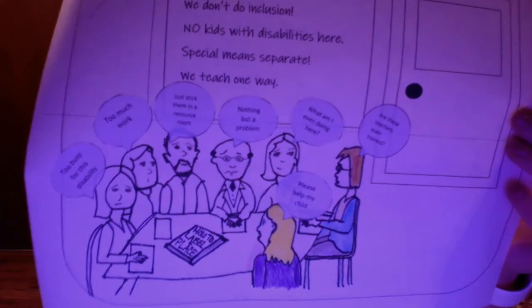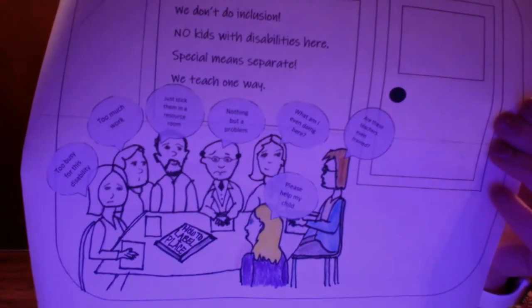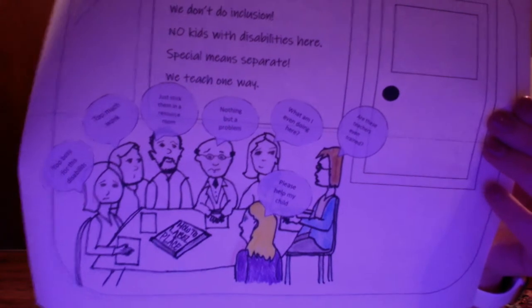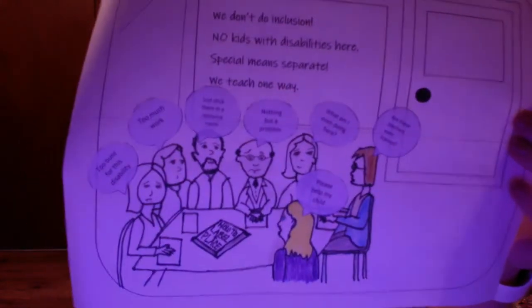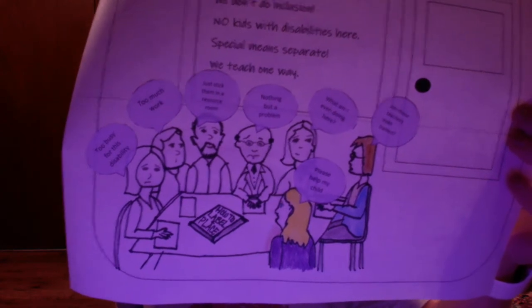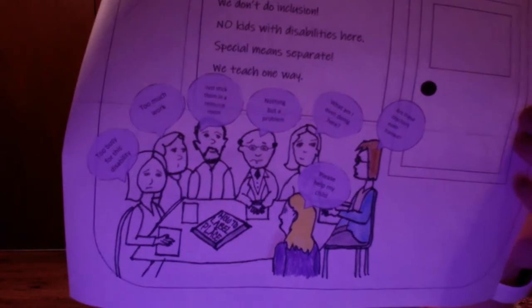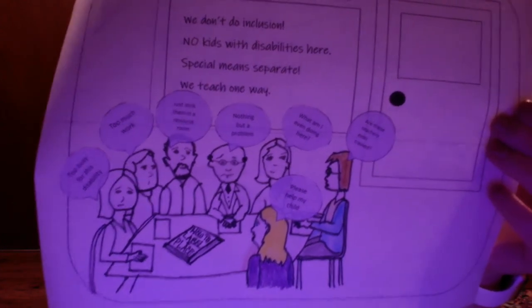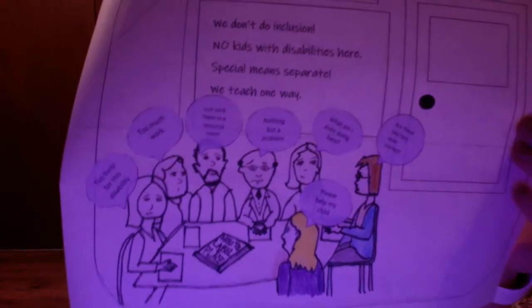Oh, well, that is nothing but a problem. That disability in that child is going to be nothing but a problem and distract my other students and interrupt their work. Then we have another one saying, what am I even doing here? We'll just stick them in the resource room or in self-contained, or let's homebound them and move on.